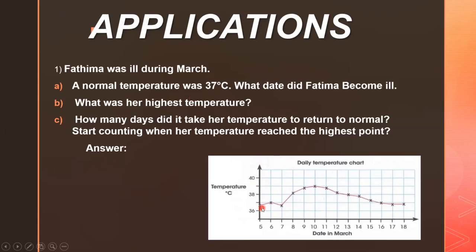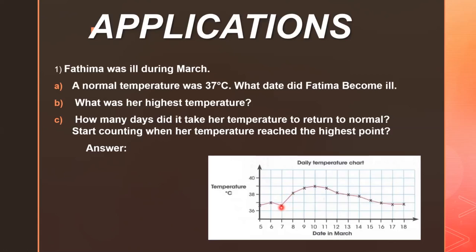So let's see here. This is below 37 degrees Celsius and it is rising up. This is 37. So on 6th March, it is 37 degrees Celsius, which means she has a normal temperature. Now it has fallen down, and on 7th March, it is below 37 degrees Celsius. After that it rose, and on 8th March, it is above 38 degrees Celsius.